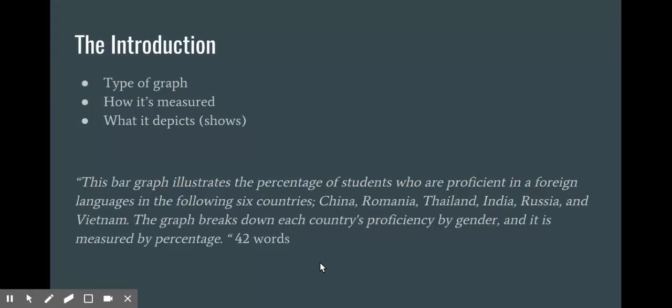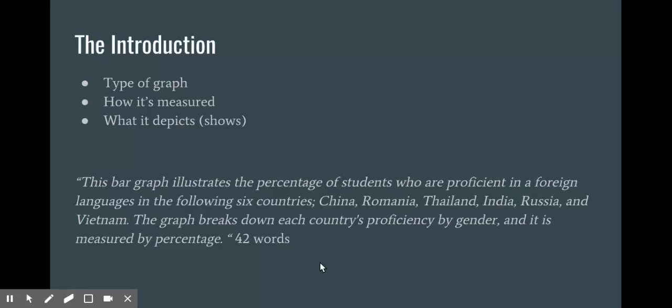Your introduction is going to probably be anywhere between 25 to 40 words. So as long as your introduction's in between there, you should be good with your word count. And same thing with your conclusion. Your conclusion will also probably be somewhere between 25 and 40 words.